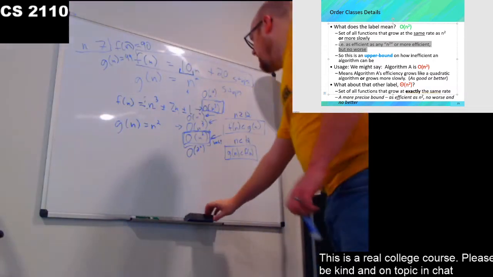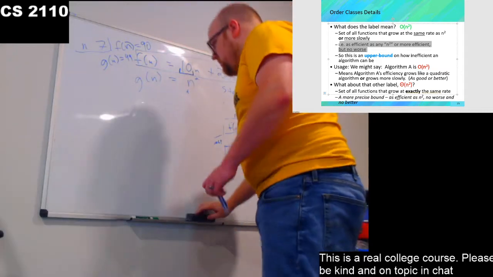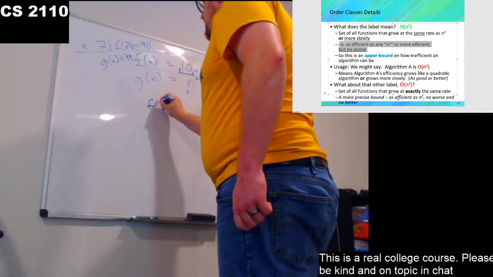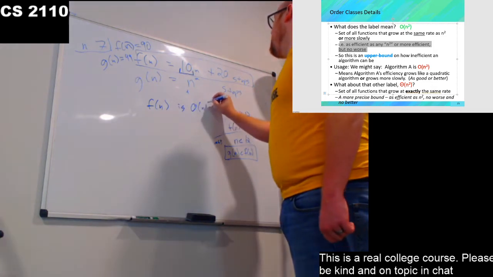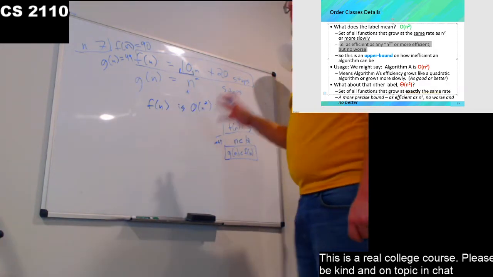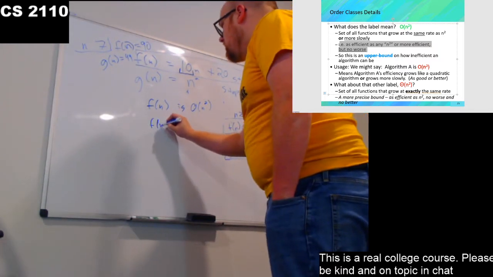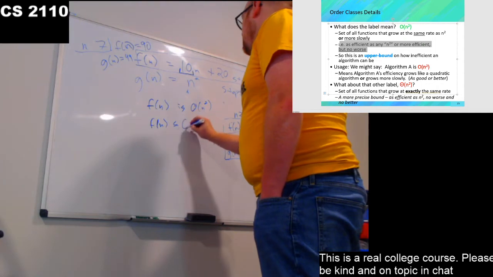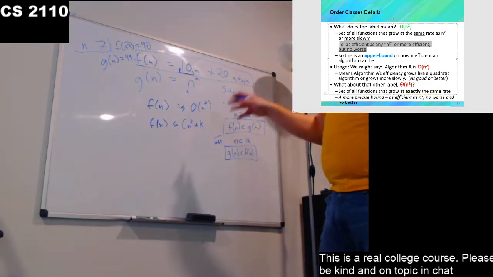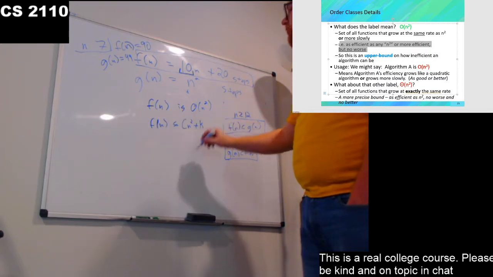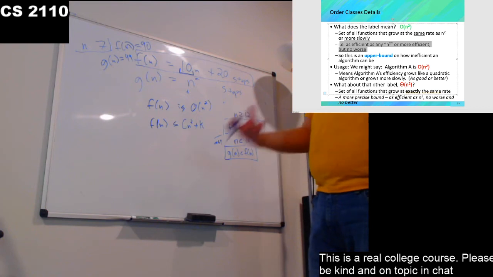When I say a function, and notice I'm not saying f of n equals, if I say f of n is O of n squared, that means there is some function c n squared plus k, such that this statement is always true for some c and some k, with n greater than a certain value.